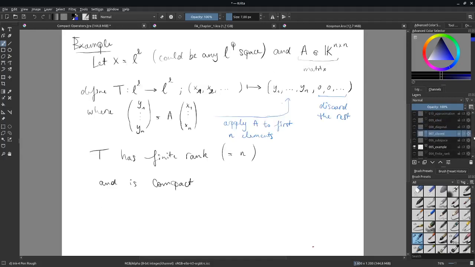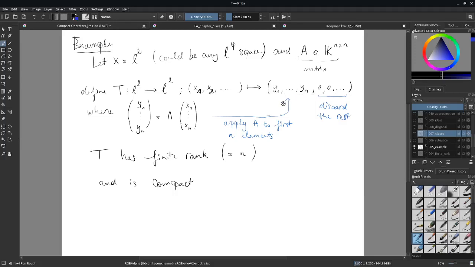But finite rank operators are useful for more things. So let's give an example of such an operator. Let's take our space to be l2, the Hilbert space of square summable sequences, but really we could be using any l^p space, and take some arbitrary matrix A of size n by n. We define our operator T that takes a sequence x_1, x_2, etc. to y_1 to y_n, and then all zeros.